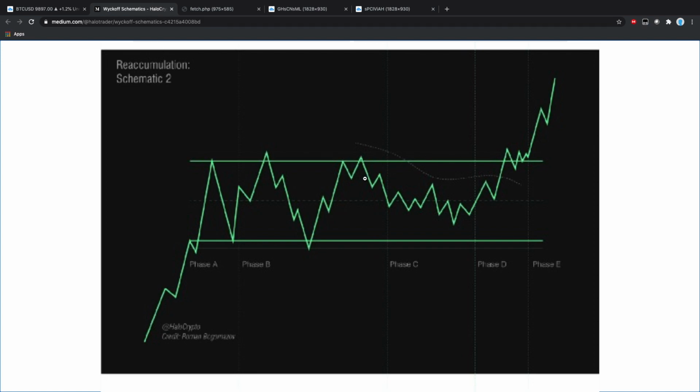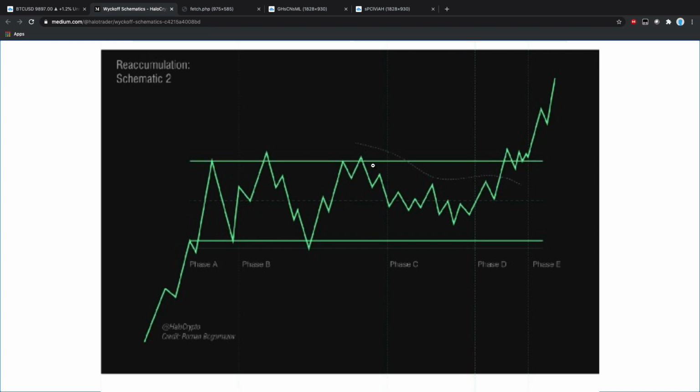So first scenario is the reaccumulation schematic. What happens here is you see it is forming a range, and then just breaks out a high, and then it front runs this low. Many range traders might be willing to buy this, but since the bulls are aggressive, they will buy at somewhat higher prices, and they don't want to fill the limit buy orders here.